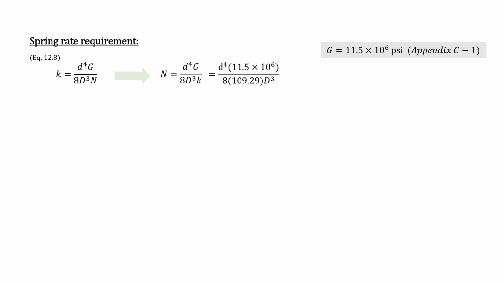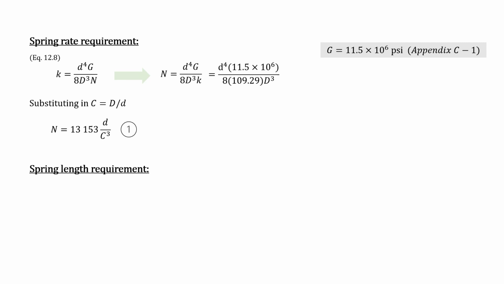If you sub in everything, we don't have our diameter values yet, but we do have our stiffness and our G, so we end up with this expression. Then if you substitute in C equals D over d, we have this equation here. It's simplified, and you can double check with your calculator. Just to keep track, we're going to end up with a few weird equations. I'm going to call this equation 1, and we'll look at it a little bit later.